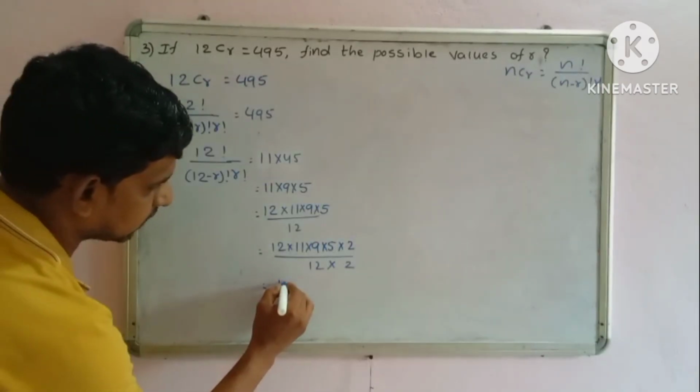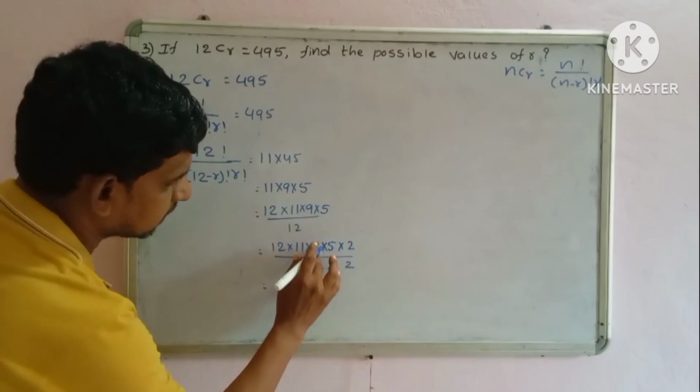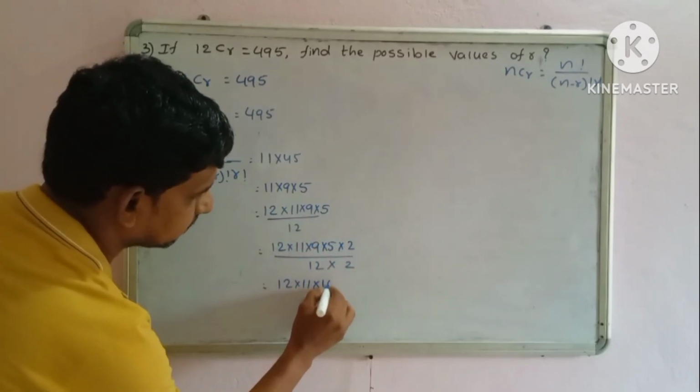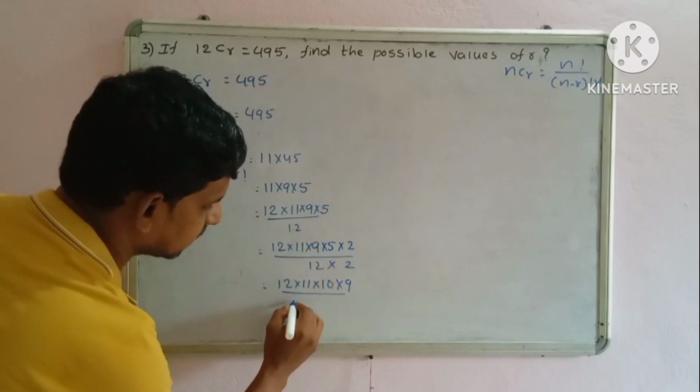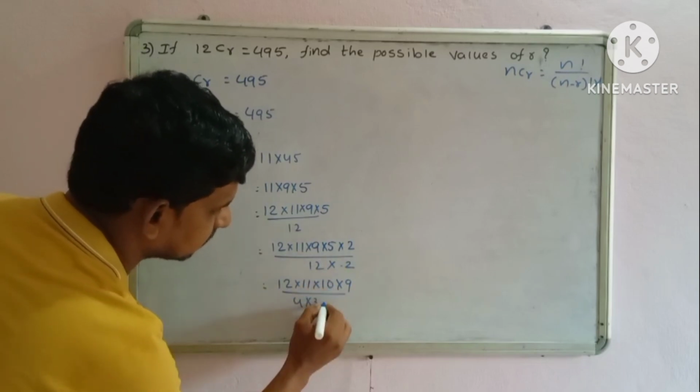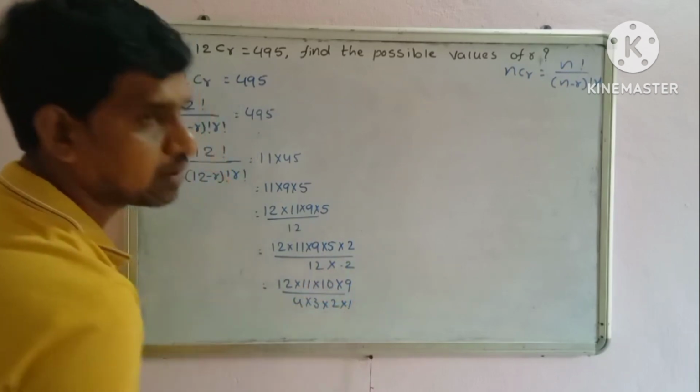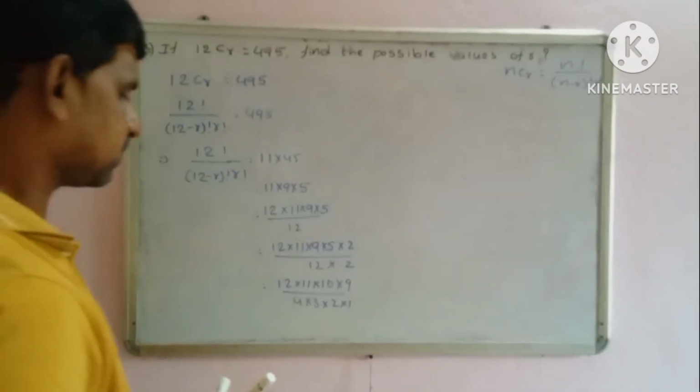So now 12 times 11 times 5 times 2, that is 10, into 9 by 12 can be written as 4 times 3 times 2 times 1. Any number into 1 is the same number.